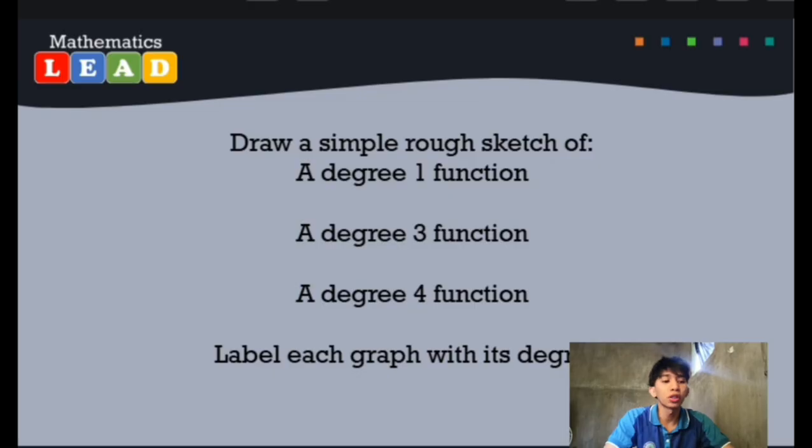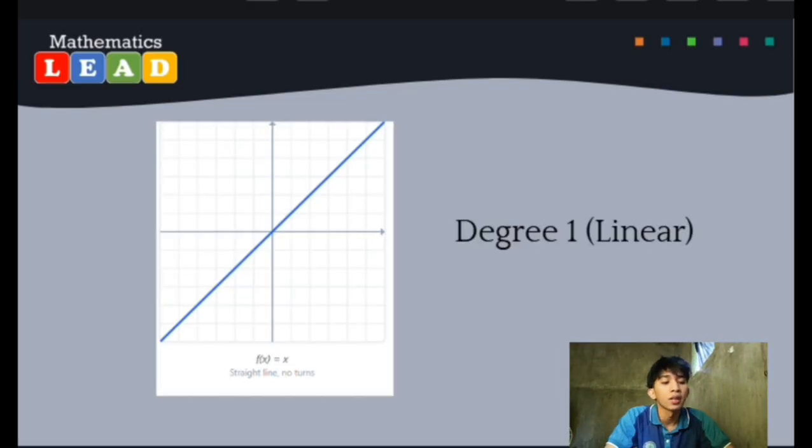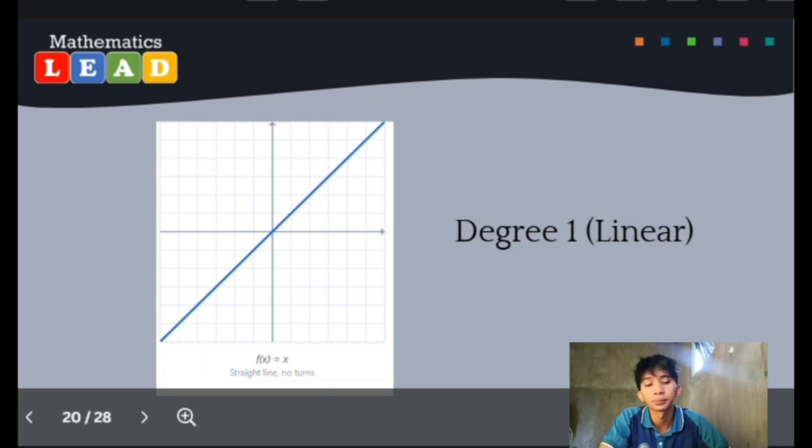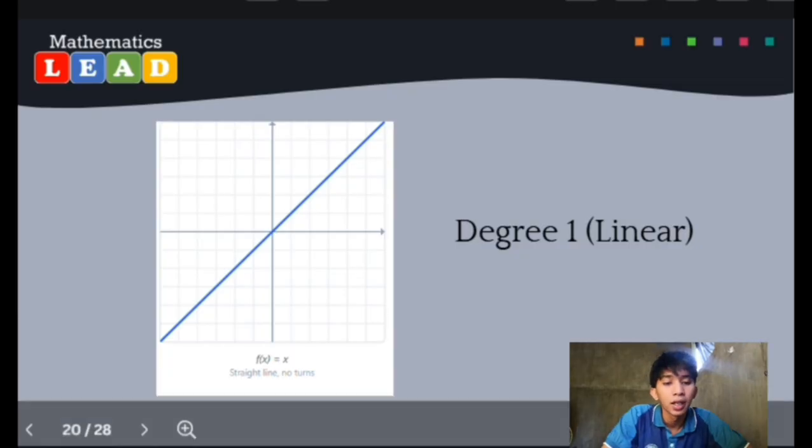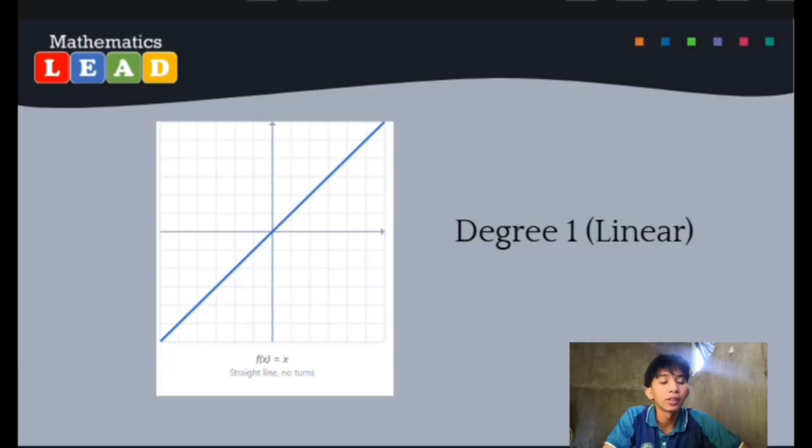Turning points: 0. A straight line never turns around. The end behavior: the ends go in opposite directions. If it starts down on the left, it goes up on the right, or vice versa. Next, degree 3, cubic. Example, f of x is equal to x cubed minus 3.